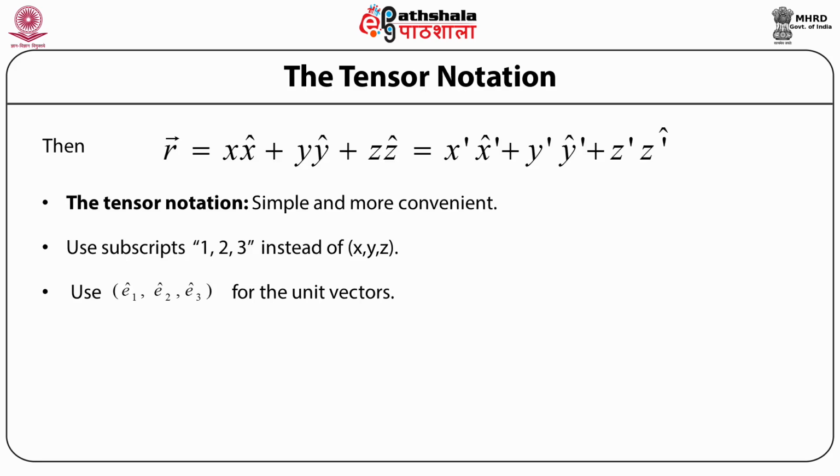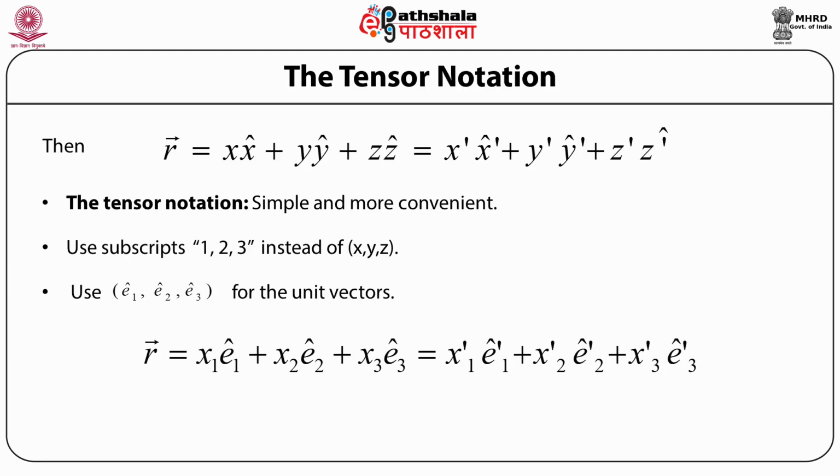So using these new notations, we can write down the position vector as r equal to x subscript 1 times unit vector e subscript 1 plus x subscript 2 times unit vector e subscript 2 plus x subscript 3 times unit vector e subscript 3, which corresponds to the coordinate system xyz.